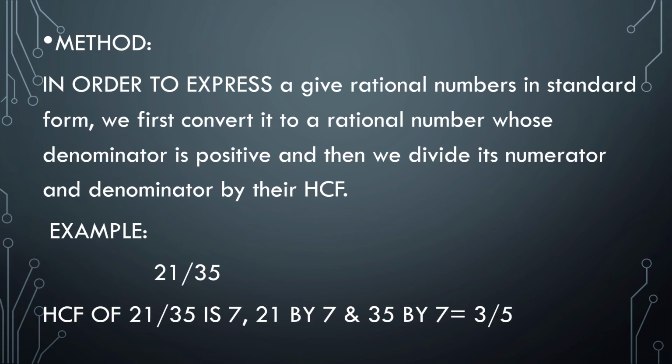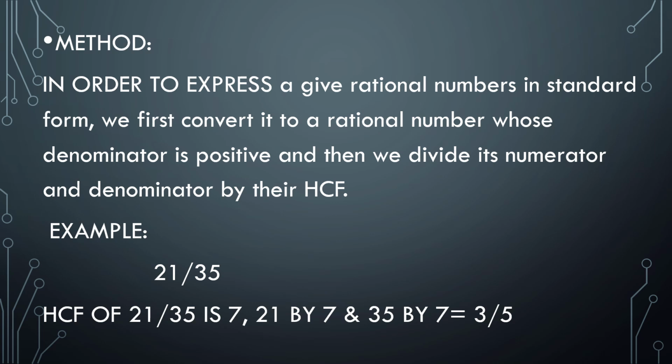Method: in order to express a given rational number in standard form, we first convert it into a rational number whose denominator is positive, and then we divide its numerator and denominator by their HCF. Let me explain this concept with an example.